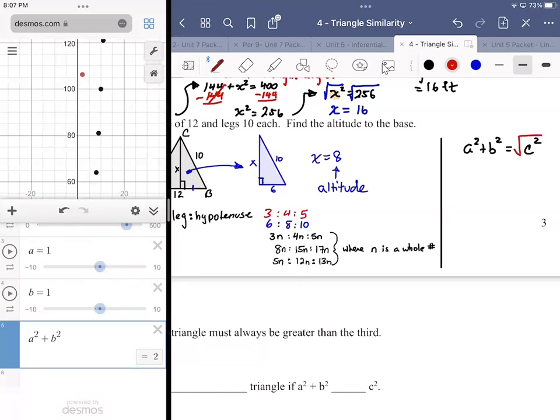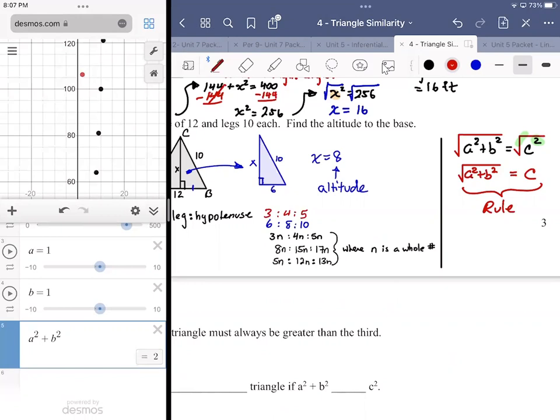So I'm going to take the square root of c squared, but I'm also going to take the square root of the other side, right? So these two, the power of 2 and the radical, would cancel away, giving you c equal to the square root of a squared plus b squared. Right? So this is a rule. It's kind of an extension of the Pythagorean theorem.